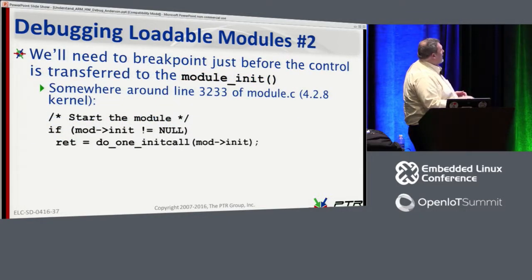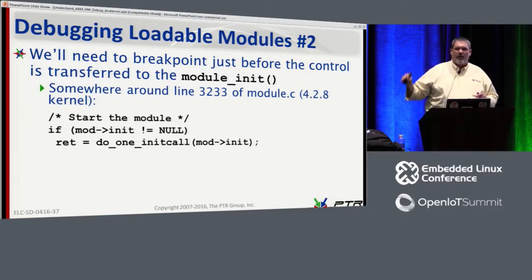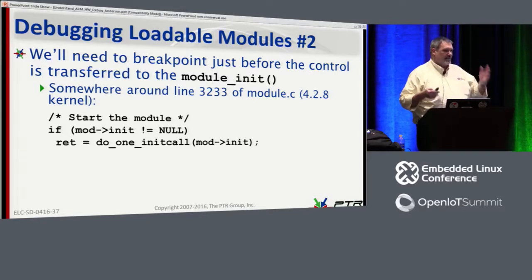In the 4.2.8 kernel, that's around line 3233, you'll see a piece of code that looks like this, do_one_initcall. If you set a breakpoint on that, you're going to stop the system before it runs the init_module code. So this is very early in your boot cycle, very early in your module initialization. So if you need to debug the initialization code, you can.